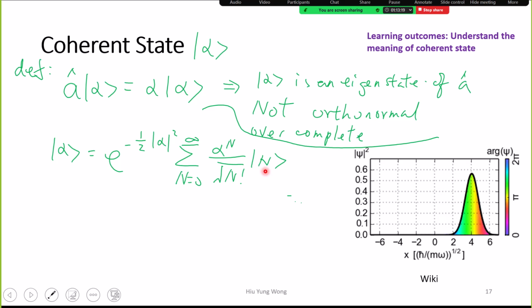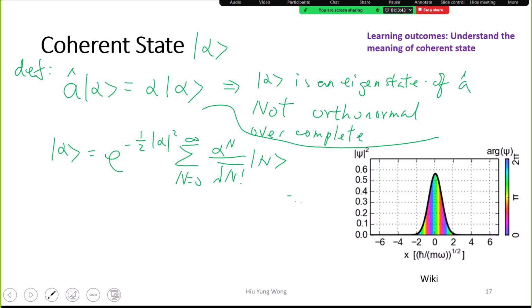Or the energy eigenstates. And it's scaled by some factor. One is square root n factorial, fine. This is a constant. But another is alpha to the power n. So alpha is exactly this number that characterizes the coherent state. Yeah, so it's just a linear combination.